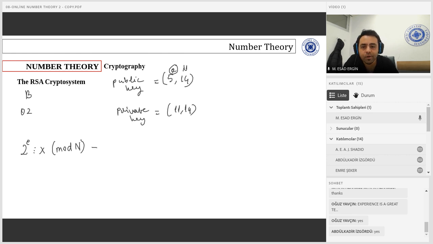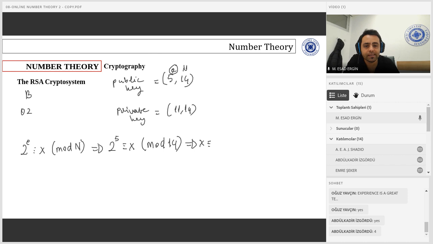So 2 to the power of 5 equals what in modulo 14? 2 to the power of 5 is 32, and if you divide it by 14, the remainder will be what? Yes, it is 4. So B is 2, C is 3, and D is 4, and now it is 4.